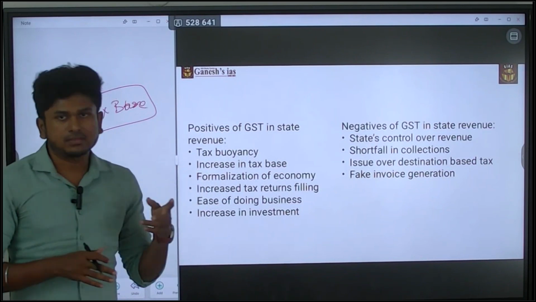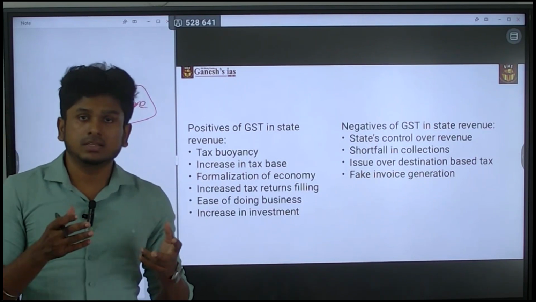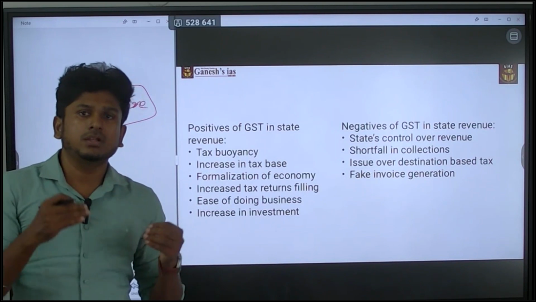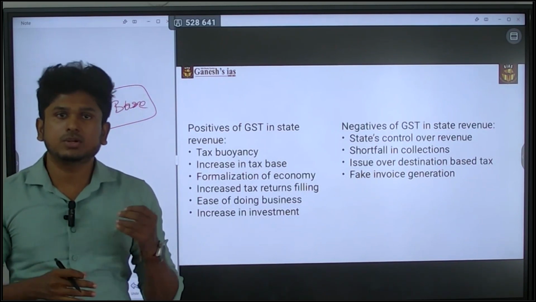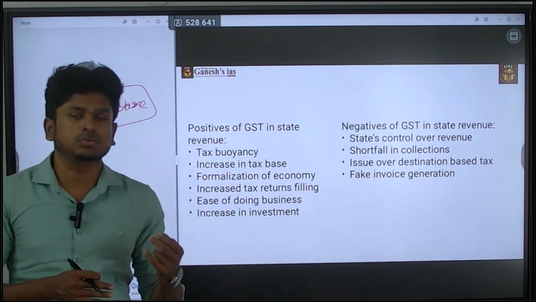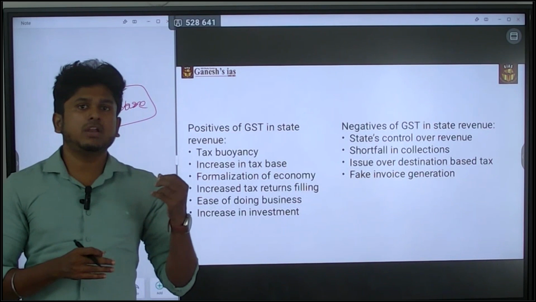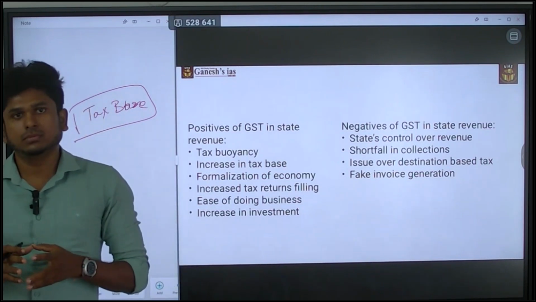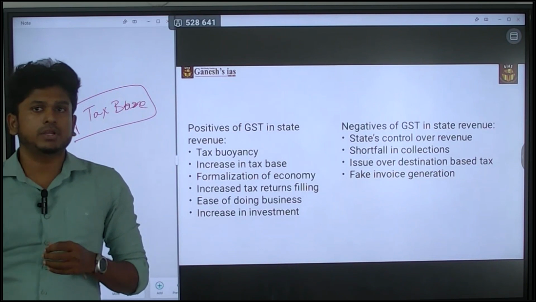And then, yes, the issue over the destination based tax. In the introduction you can say that GST is a destination based tax. When it comes to the destination based tax, consider that I am manufacturing a product in Tamil Nadu, and then people from Assam consume that product.